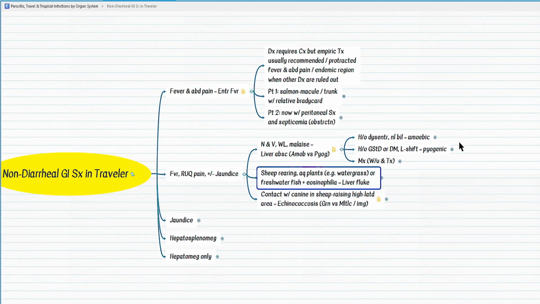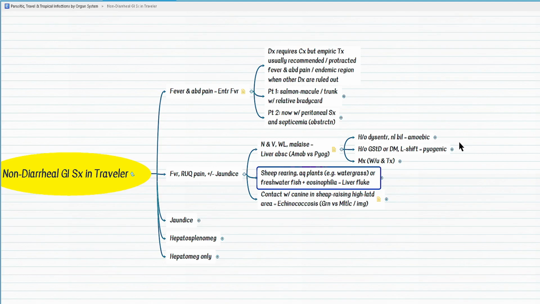Okay, moving to our next case of travel medicine, in a patient with fever, right upper quadrant pain, possible jaundice, but this time seen in a patient who resided in sheep rearing areas. Always remember 2 important differential diagnoses of these liver pathologies: liver fluke and echinococcosis.